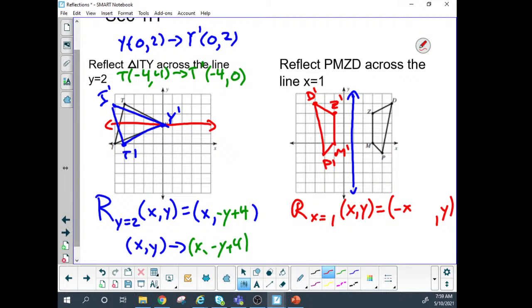We're going opposite x. Z is at 3, 3. It goes to z prime, negative 1, 3. So yeah, the y doesn't change.